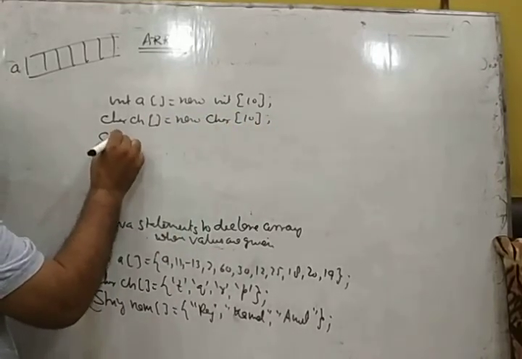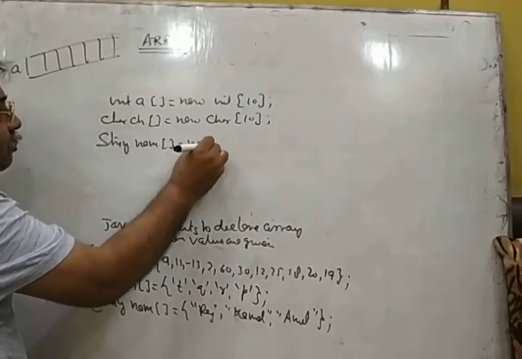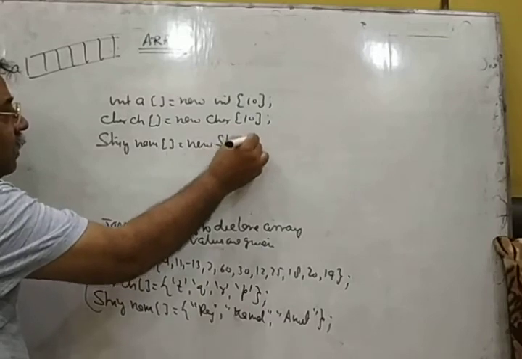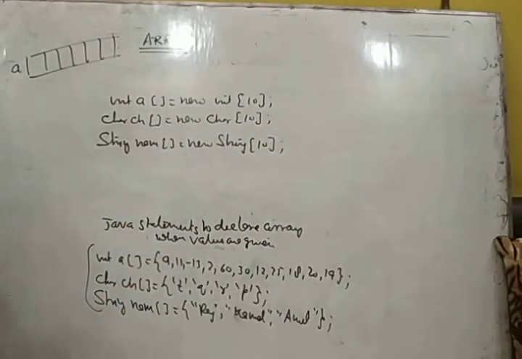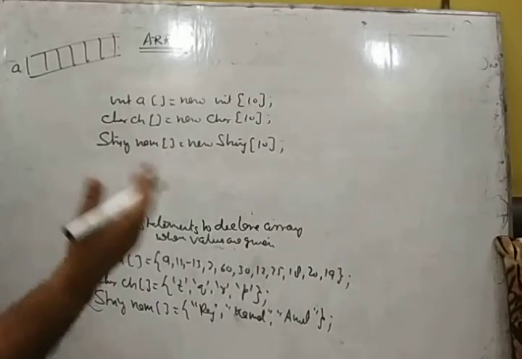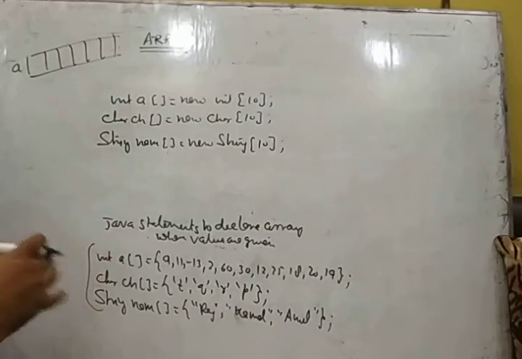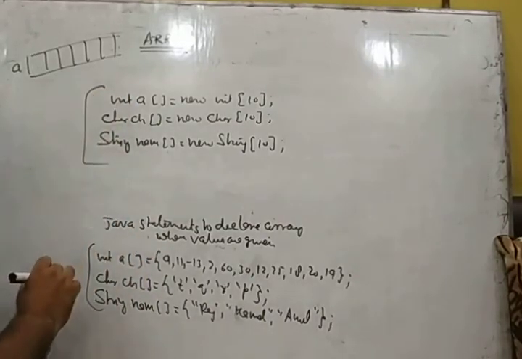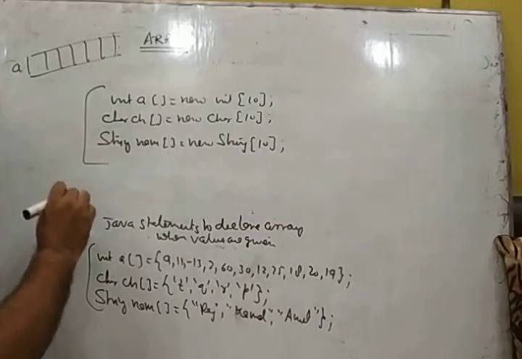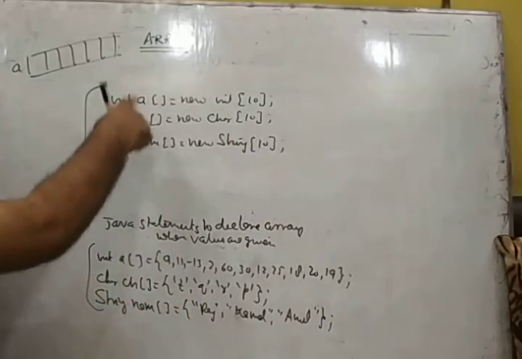String, if you have a string, name = new String[10]. So this is the way how you will declare an array which is empty. The computer will open an array and the cells will be empty and later on you can fill the values into it of your choice every time. So these are the commands of declaring an array in Java: when the values are given, this is the way; when values are not given, this is the way.